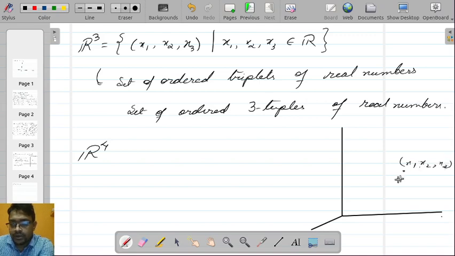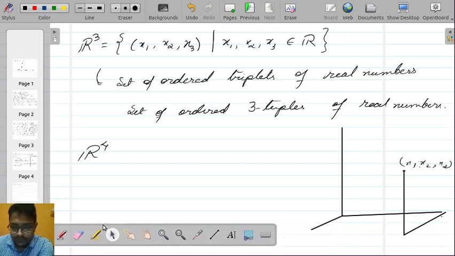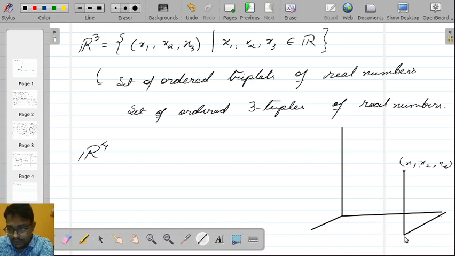If we drop a perpendicular from this particular point to the axis, the point where it intersects this plane, if I draw a line parallel to this, something like this, then this is the x1 axis, this is the x2 axis, and this is the x3 axis.